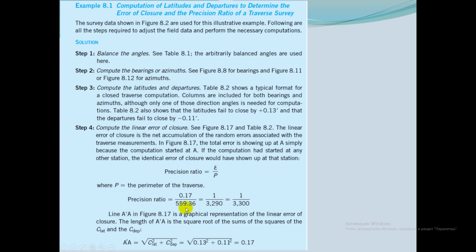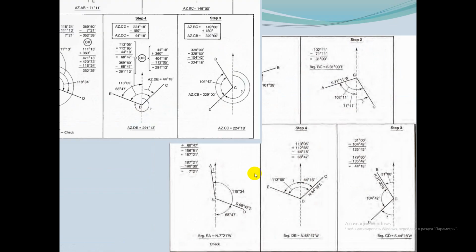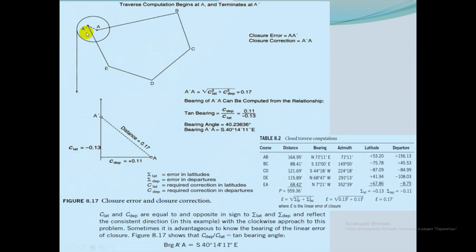So line AA' in the figure is the graphical representation of the linear error, and the length of this line is the square root of the sum of the squares of the sum of latitudes and the sum of departures.